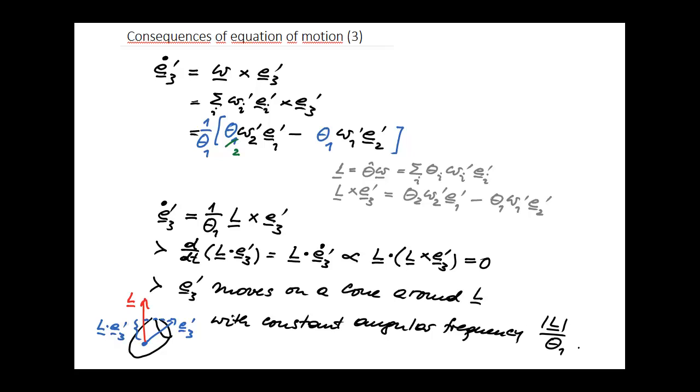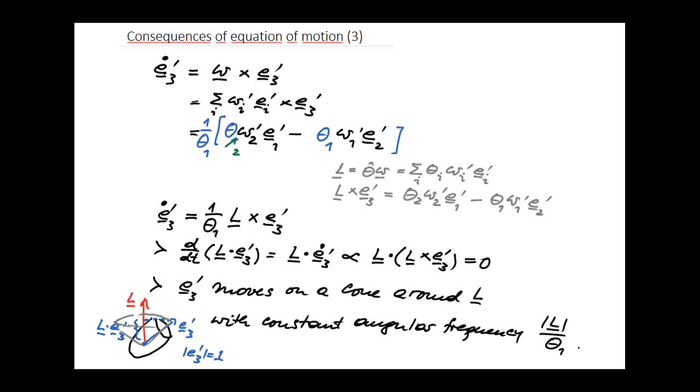This is constant in time. The length of e3 prime is normalized to 1. That's obviously constant in time. Now the only vectors with a given projection onto L and with length 1 lie on this cone around L. So if e3 prime changes in time, it can only move on the surface of that cone.